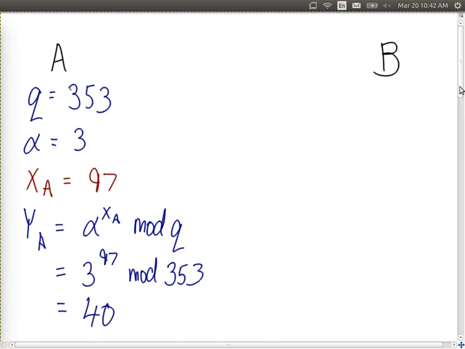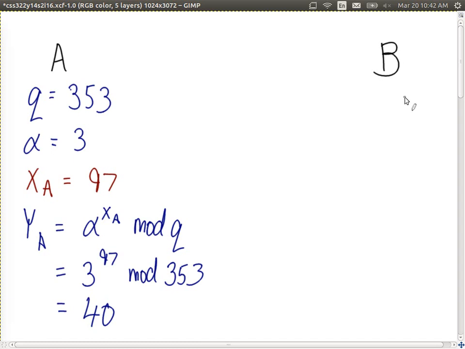Our example that we introduced last lecture was we chose for simple calculations the value of Q, the prime, of 353, alpha of 3, and alpha needs to be a primitive root of the prime Q. User A chooses a private value, XA, to be 97, so it needs to be less than Q. In practice that will be chosen randomly, say by software.